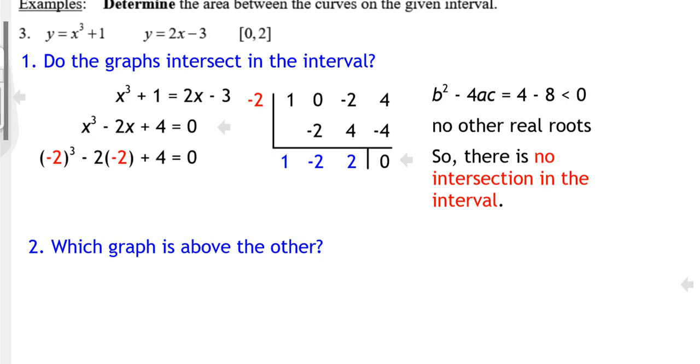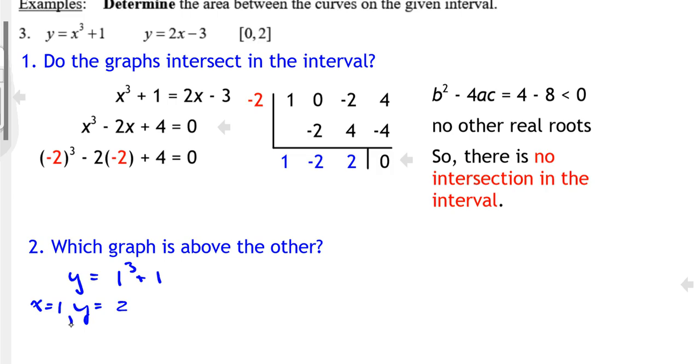And let's look at our first function: y equals 1 cubed plus 1. Y is 2 when x is 1. Good.